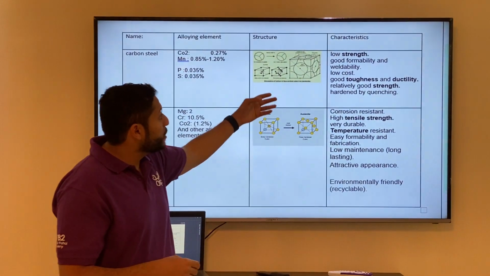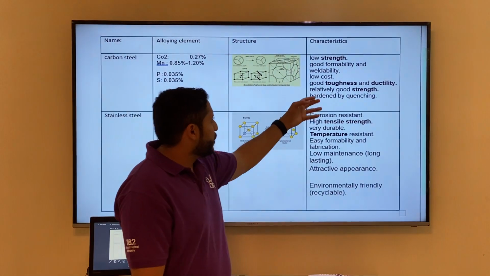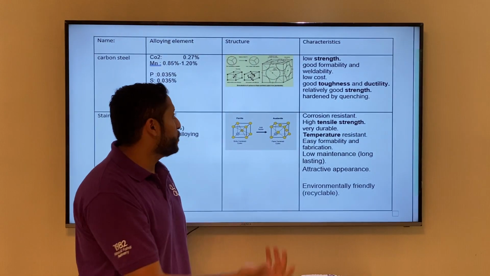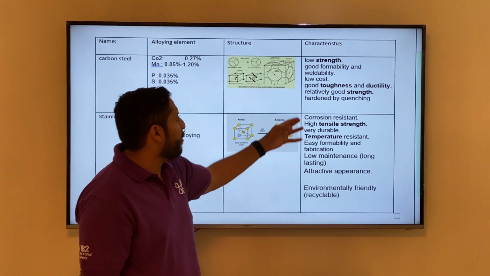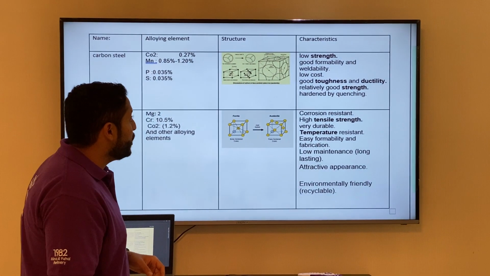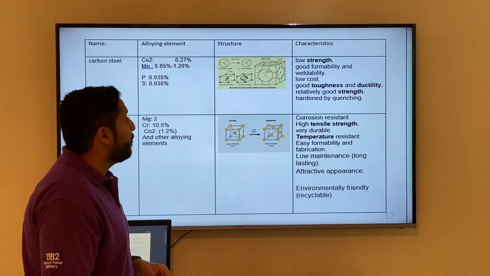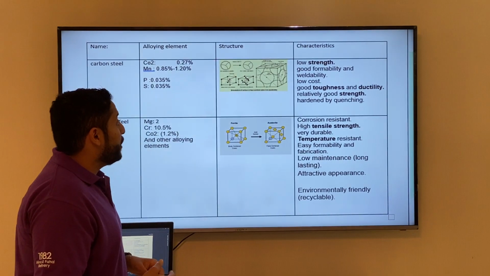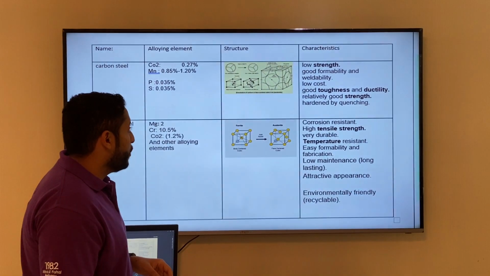Okay, about the structure, as mentioned in the slide, and the characteristics are the properties of this carbon steel. We have low strength, good formability and weldability, low cost, good toughness, relatively good strength, and hardness by quenching.